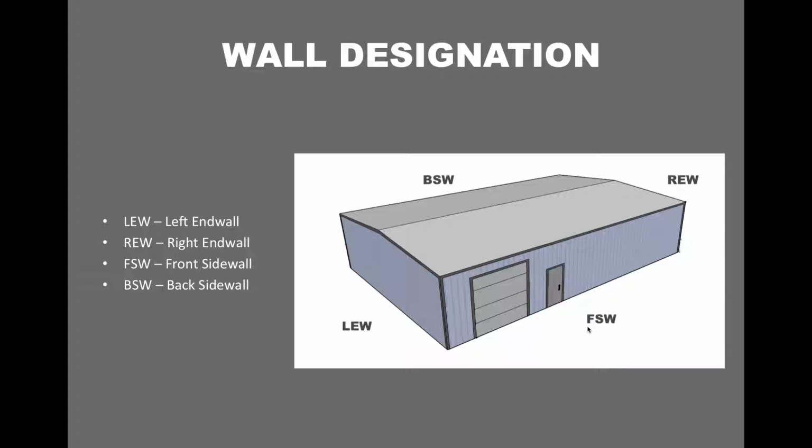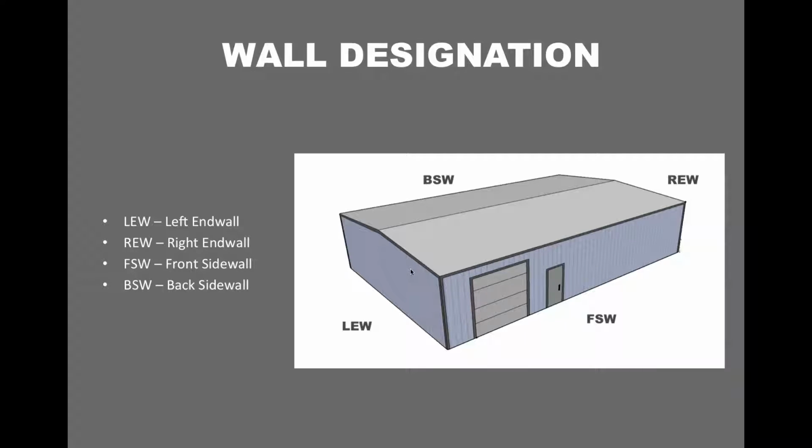Then you have your FSW, that's your front side wall. And finally you have your BSW, which is your back side wall. So a couple key things here. Obviously the width of the building is labeled as an end wall, so you have your left and your right end wall here. And then you have your side walls, which are the front and back of your building, or the length of your building.